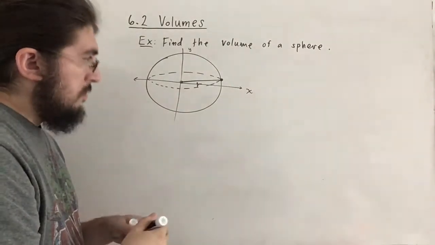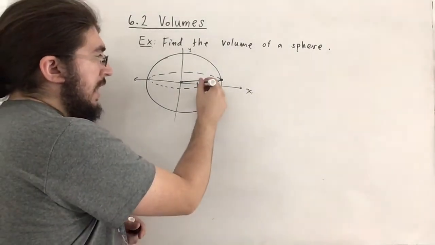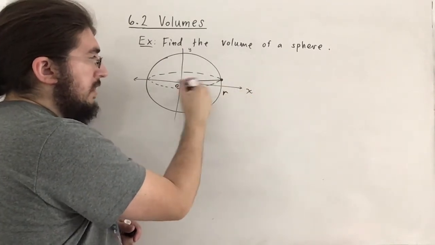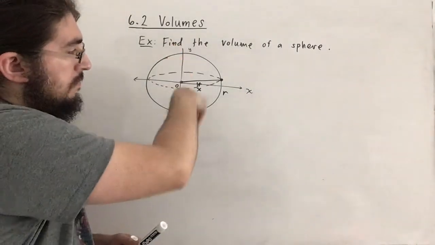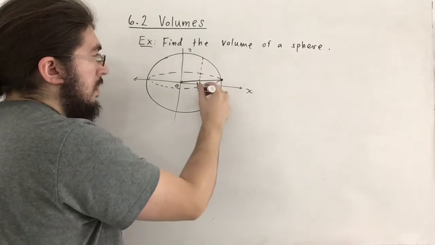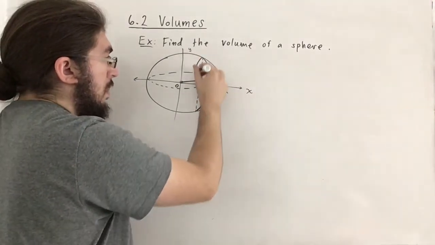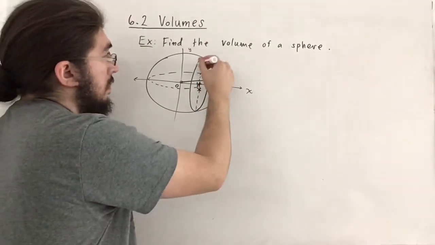Basically, and it's the same idea as we saw with the pyramid, if we pick an x value from, well, notice this is going to be 0 to r in this case. Pick a particular x value and look at the cross-sectional region at this x value. It's just a circle itself. So this would be A of x.